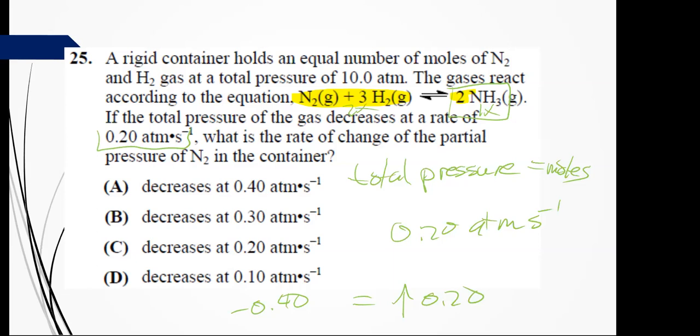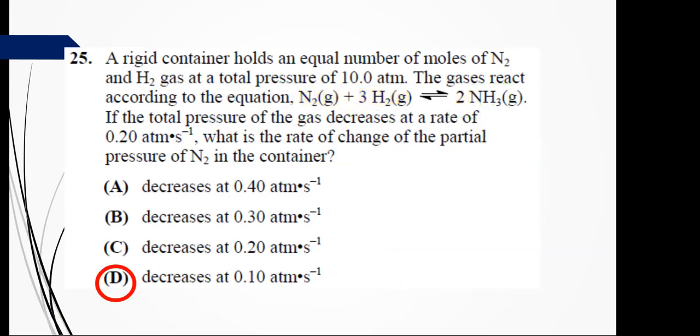We got this because for every 2 NH3 we make, we needed 4 of our reactants, so there should be that change there. And so of this minus 0.4, 0.3 comes from our H2, 0.1 comes from our N2, and this one goes up by 0.2. And so that's how we get D.